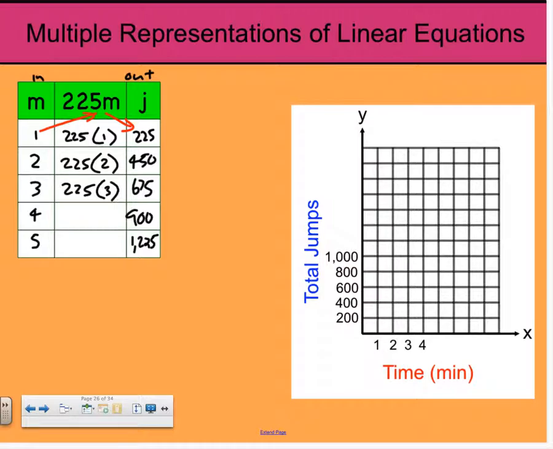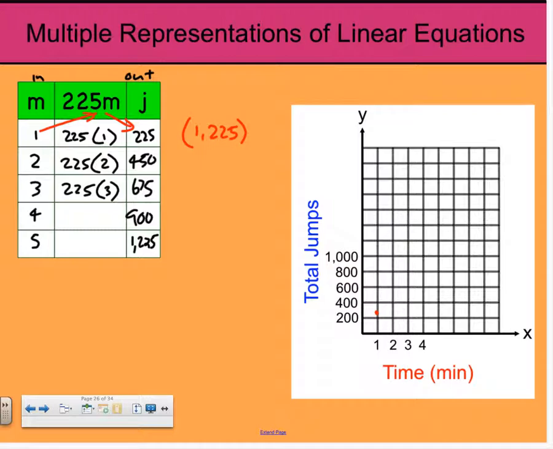Now, what about graphing that? We can take these as our coordinate pairs. So (1, 225) would be one of our coordinate pairs, and we're simply going to graph these as best we can along here. 1 is going to be a little over 200, 225, something like that.